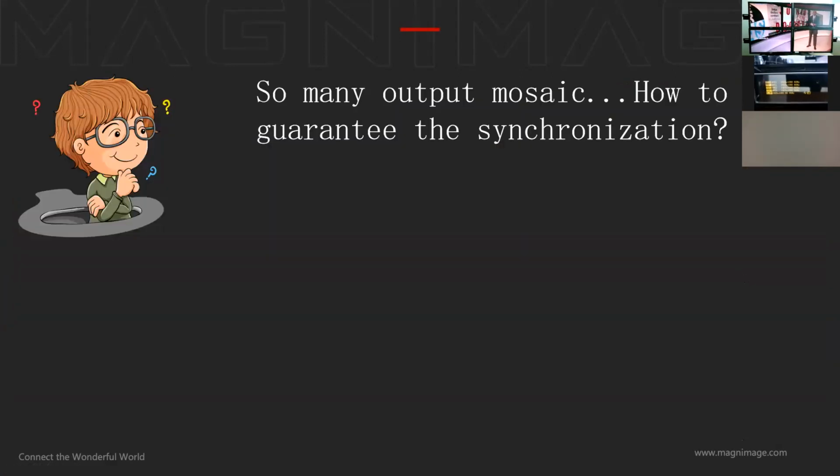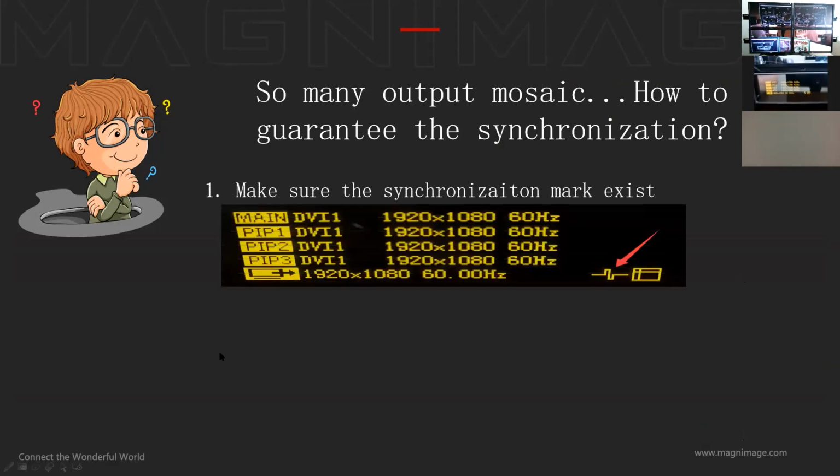So you might have the puzzle that whether using 1 machine or 2 machines or even 24 machines, there are so many outputs to do the mosaic work. How do you guarantee the synchronization? In this machine, we have a loop, this mark. So whenever you do the mosaic, make sure this synchronization mark exists.